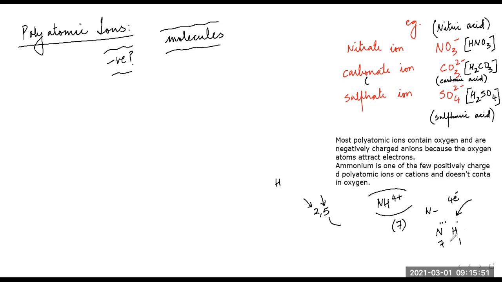So you see that, students, when they combine, it's like NH, a molecule of nitrogen and hydrogen. They are short of 4 electrons. So obviously they'll be attracting 4 electrons. So we call it 4 positive.